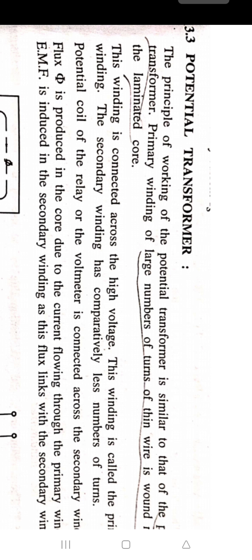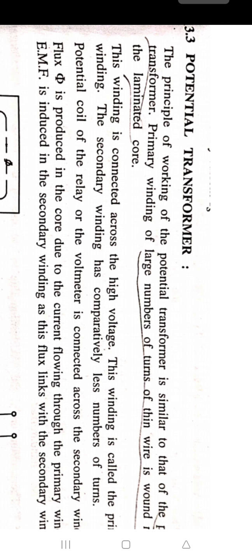Current and voltage have a reverse relation, they are inversely proportional to each other. So in a current transformer the secondary side current is very low, which means the voltage on the secondary side will be very high.